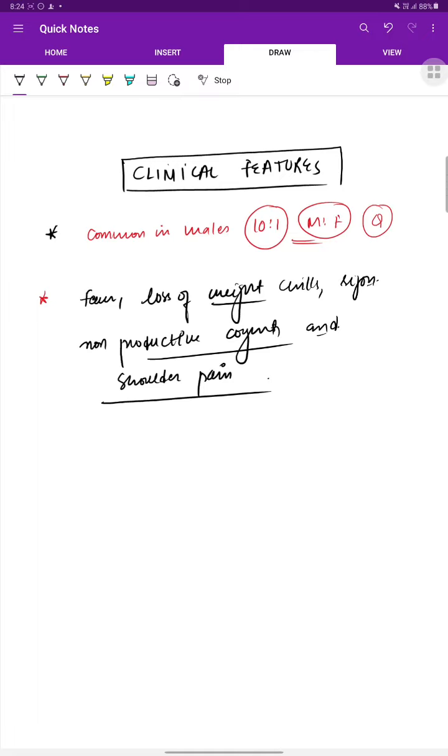Pain in the right hypochondrium is present in 30% of people.